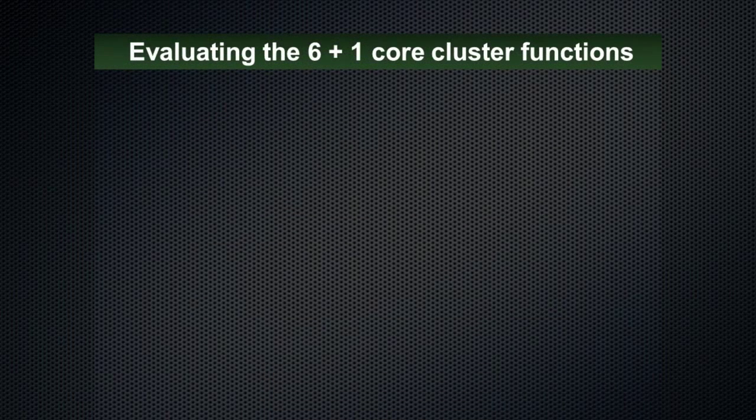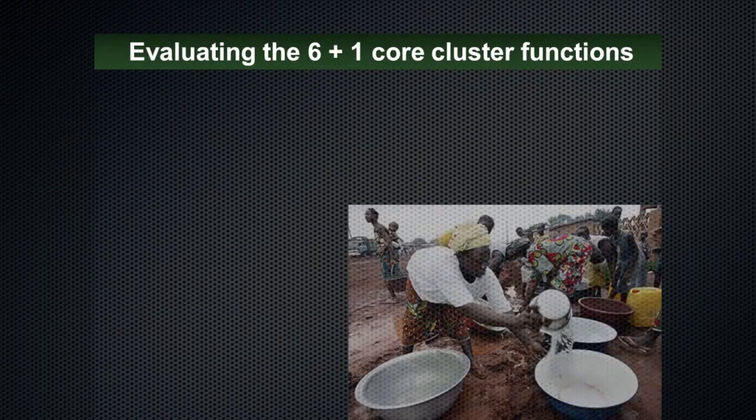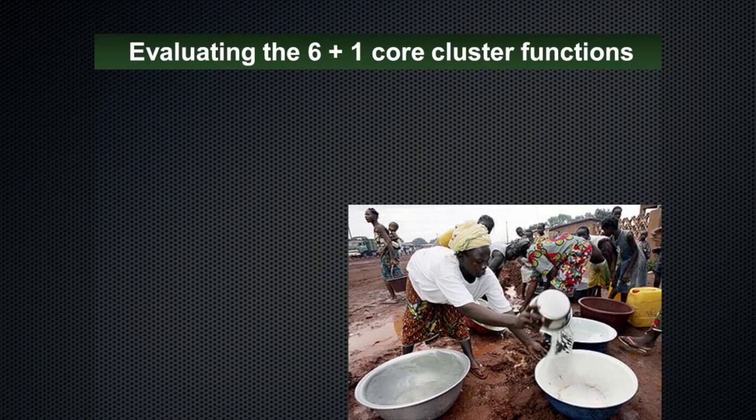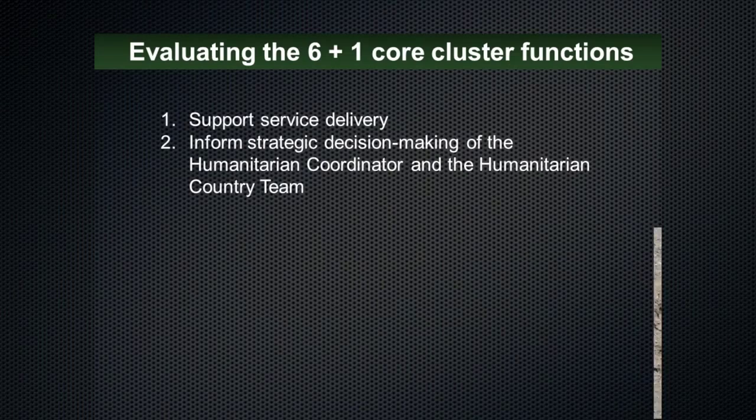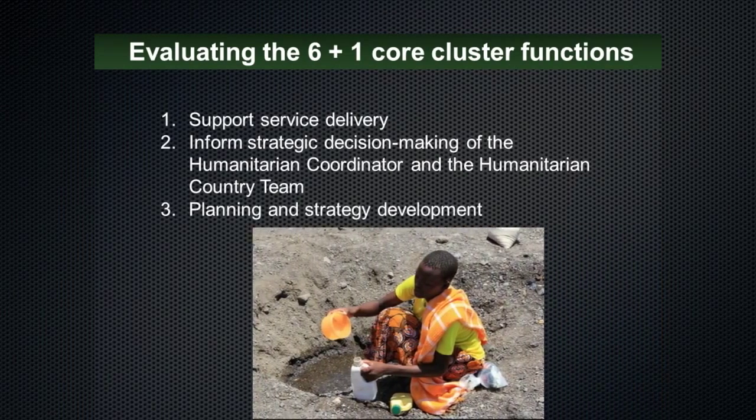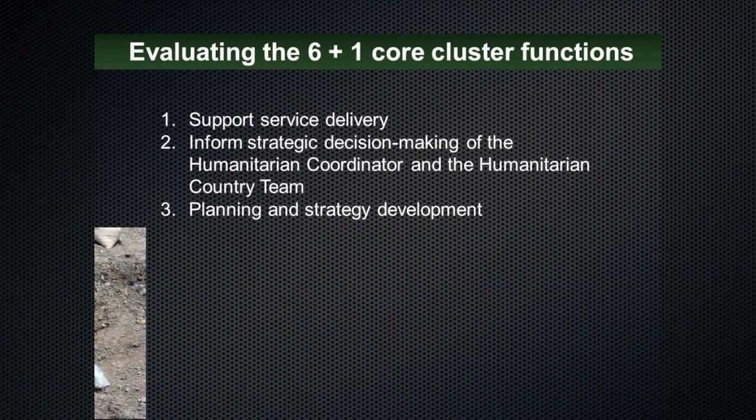The CPM is a process to evaluate the 6 core cluster functions. 1. Support service delivery. 2. Inform strategic decision-making of the humanitarian coordinator and the humanitarian country team. 3. Planning and strategy development. 4.